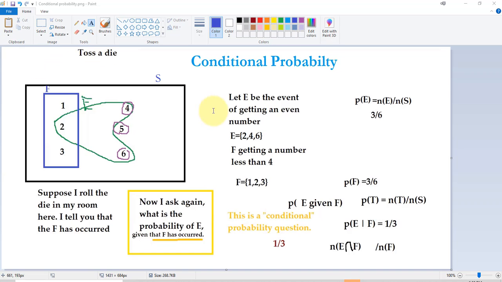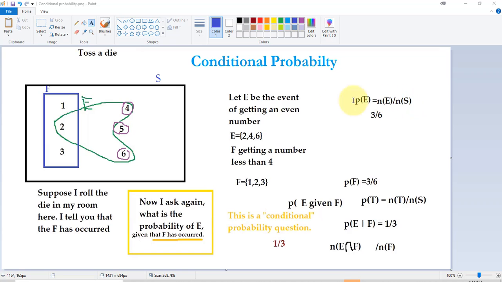Okay, now the next thing is we can ask, what's the probability of getting an even number? And everybody knows the answer to that. It's 1/2. But we can do it more mechanically by using our formula for probability. We want the probability of E, and the probability of something is the number of elements in it divided by the number of elements in the sample space.